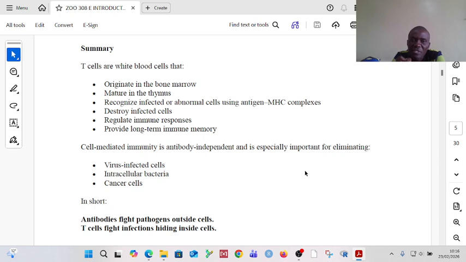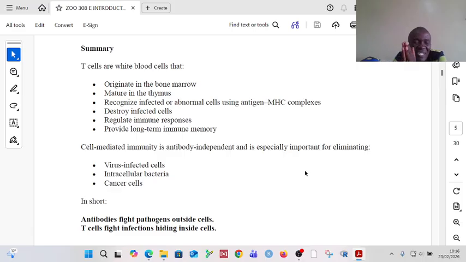It does not use antibodies. Instead, it uses T cells. And this cell-mediated immunity is important for eliminating virus-infected cells. A cell that has a virus inside it, the antibody cannot reach inside of such cells.